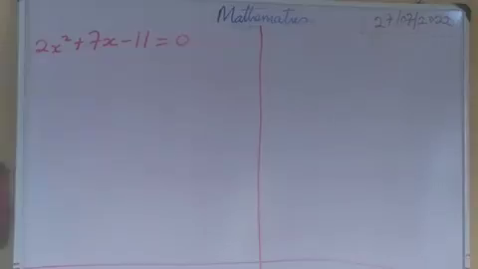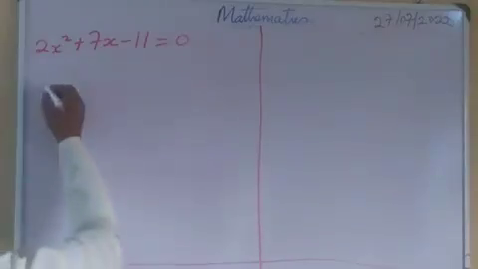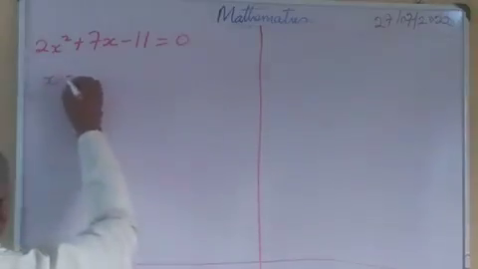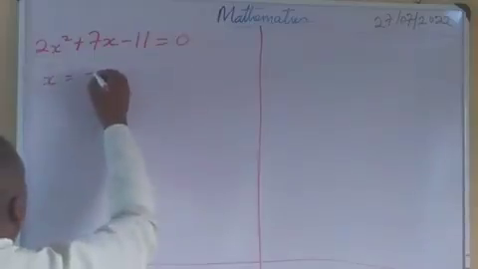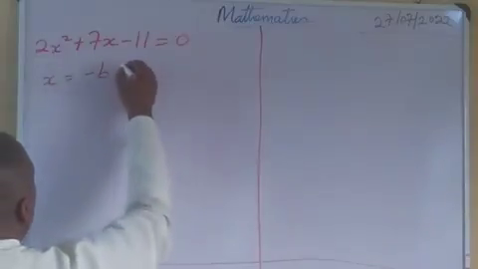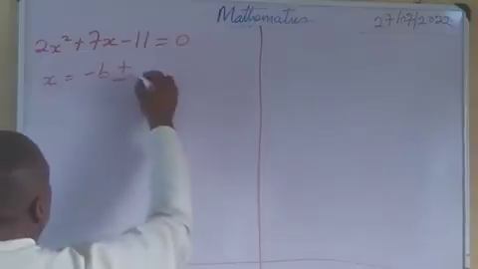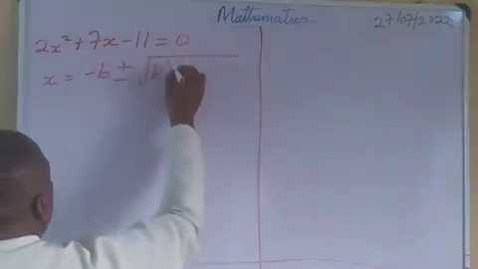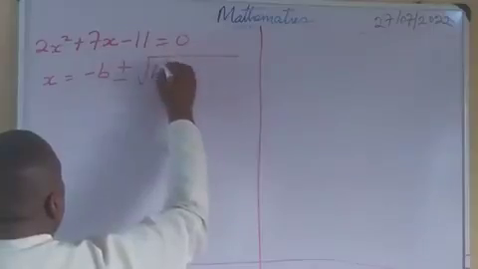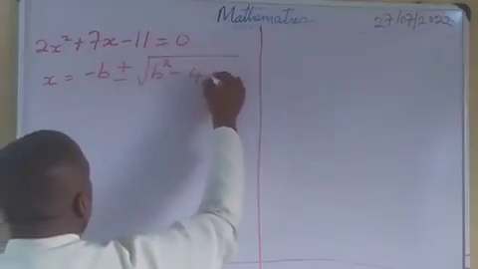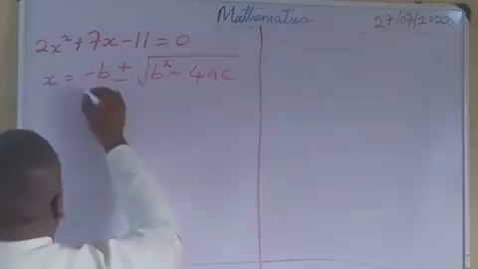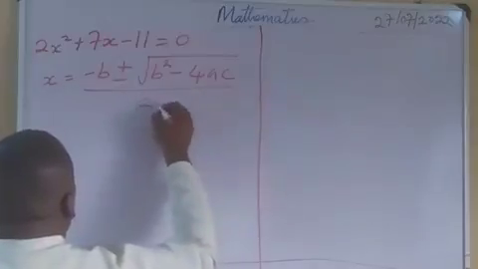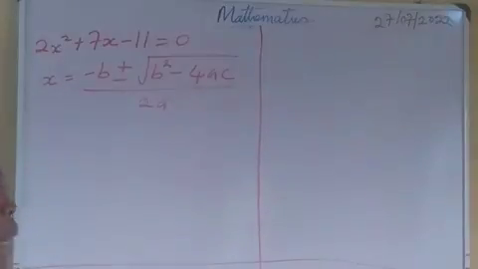And what is the quadratic formula? It is x equals minus b plus or minus square root of b squared minus 4ac, all over 2a. But remember that this quadratic formula was gotten from the quadratic equation.